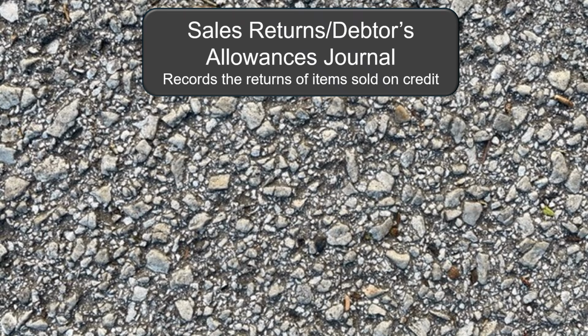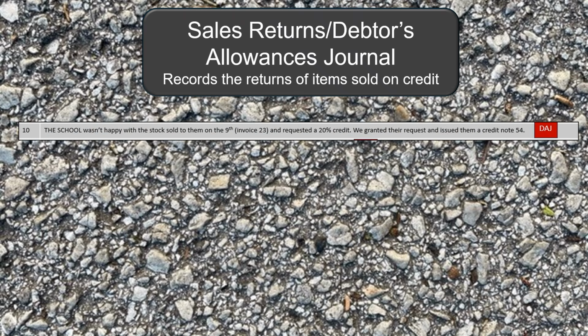Now there's a sales returns or debtors allowances journal, same thing. Now the school might not have been happy with everything that was sold to them on credit. And then what the school does is returns the goods.